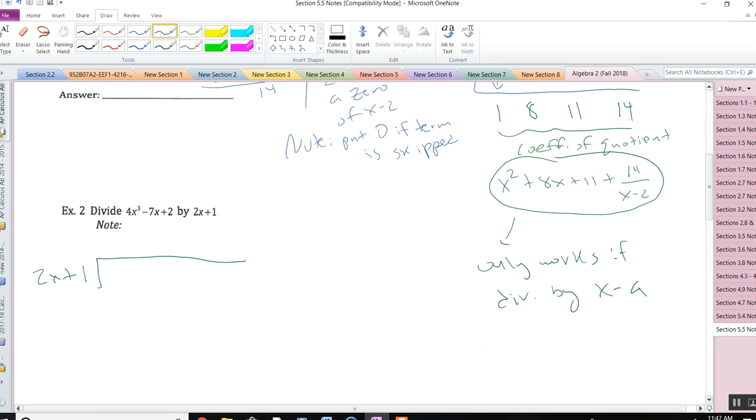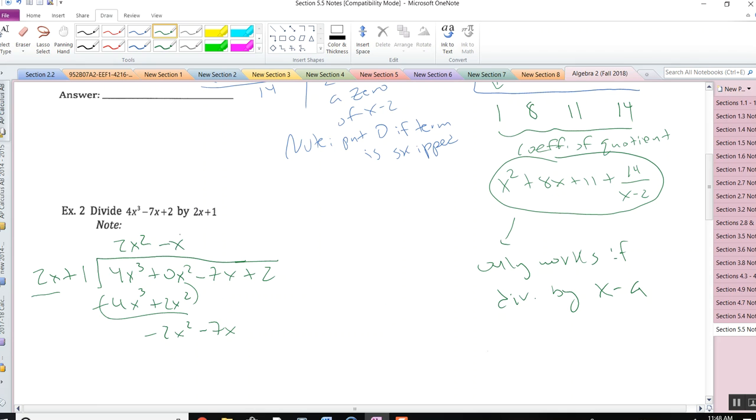2x plus 1, 4x cubed. You have to put a 0x squared minus 7x plus 2. So again, you're focusing on the leading term. 2x goes into 4x cubed 2x squared times, 4x cubed plus 2x squared, negative 2x squared minus 7x. 2x goes into negative 2x squared negative 1 times.